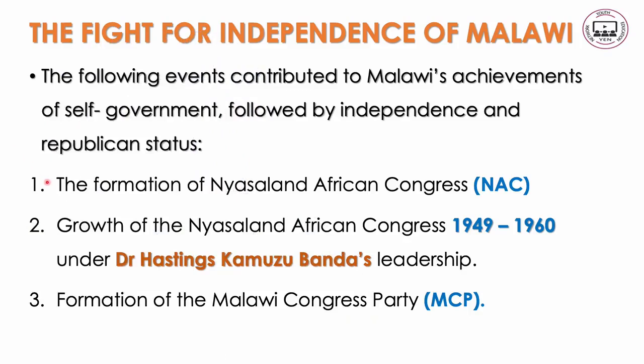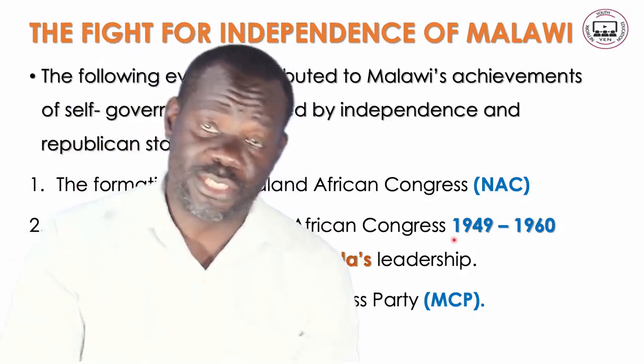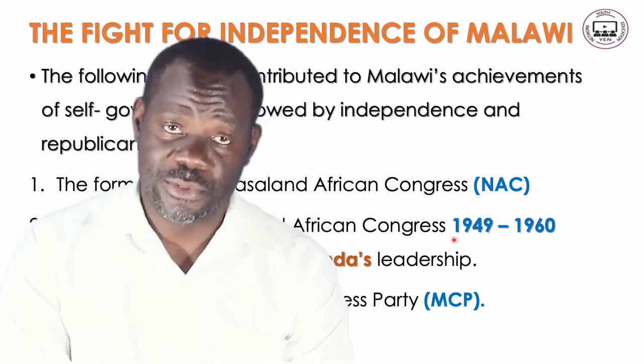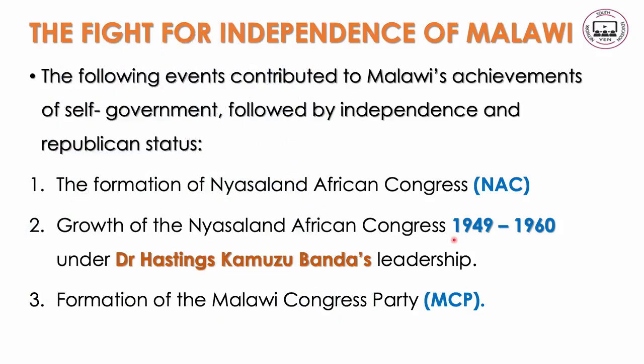Number one, we are going to look at the formation of the Nyasaland African Congress, the NAC. Secondly, the growth of the Nyasaland African Congress. After it was formed, how did it grow? So we're going to look at the growth of the Nyasaland African Congress between 1949 and 1960 under Dr. Hastings Kamuzu Banda's leadership.